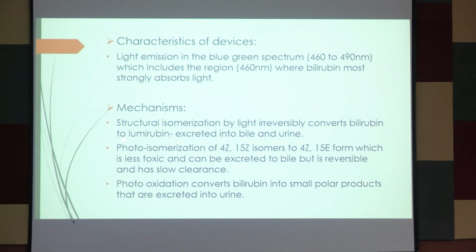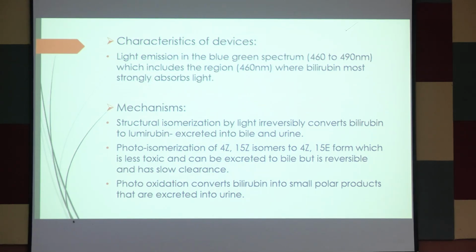The other two mechanisms are photoisomerization, changing of isomer from 4Z15Z to 4Z15E. Again, this isomer is less toxic and can be excreted to bile, but it is reversible. So, this mechanism is not so effective. And the last one is photooxidation.